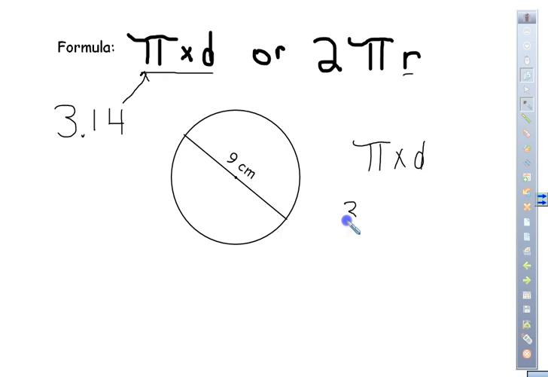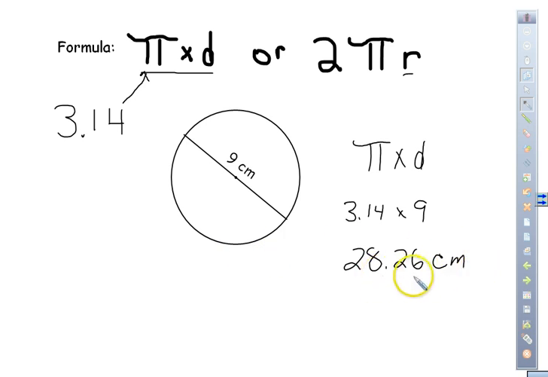Then you're going to plug in the actual values: 3.14 times the diameter, which is 9. Now you can plug 3.14 times 9 into your calculator, and you'll get 28.26, and that would be centimeters. It is not dealing with area, so it is just plain centimeters.